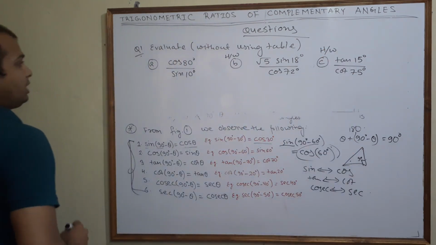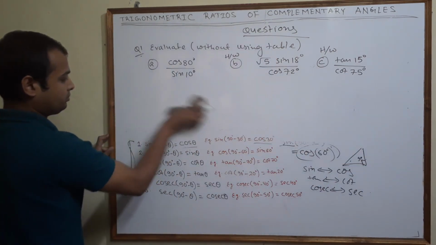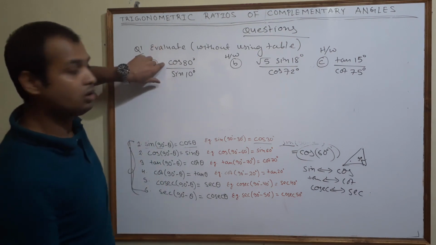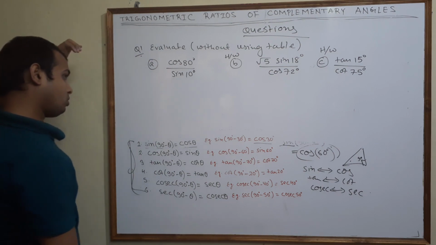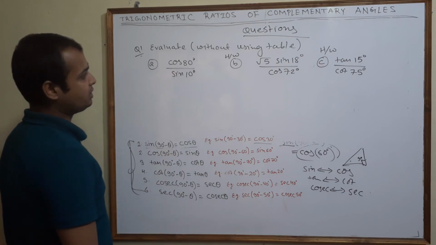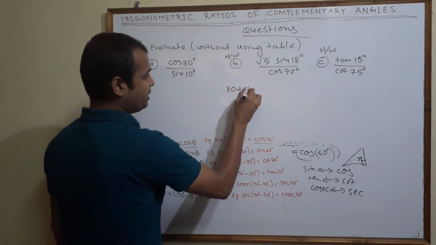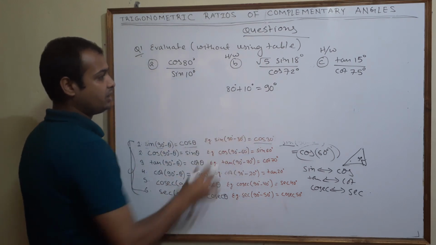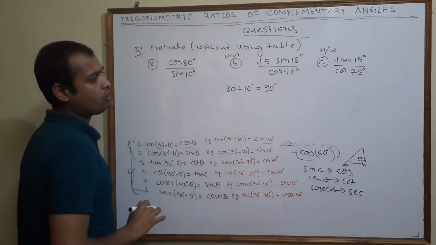I will show you the first one. Here you have cos 80 degrees upon sin 10 degrees. You should observe one thing over here: 80 plus 10 is 90. That means these two angles are complementary, because 80 degrees plus 10 degrees gives you 90 degrees.